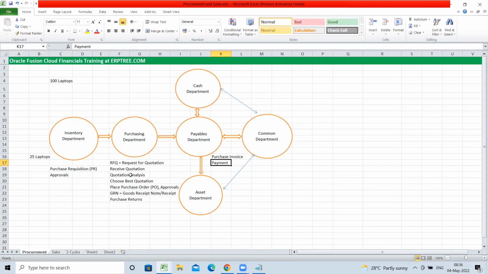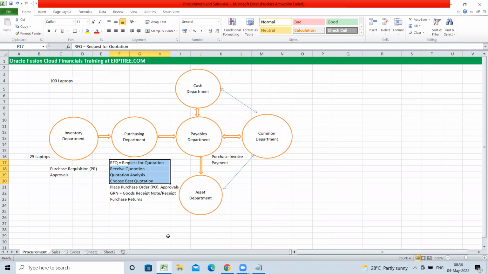And here one more point. We are talking about the purchasing department. In some companies, all these activities can be performed by the purchasing department only. In some companies, there will be a separate department to perform these activities: raising RFQs, receiving quotations, analyzing, choosing the best quotations.